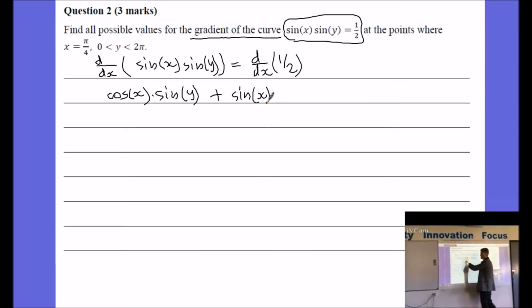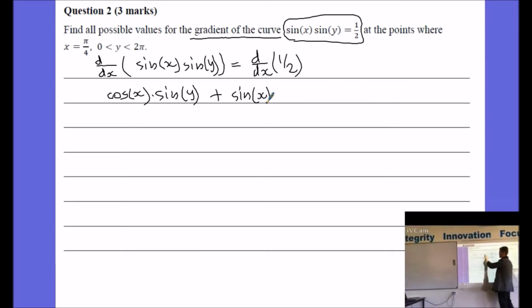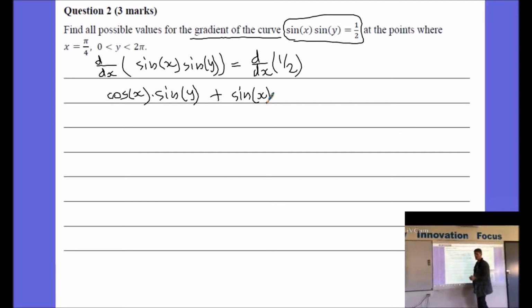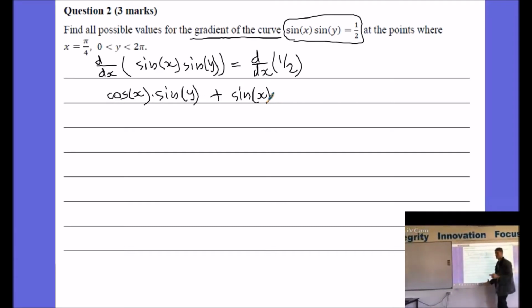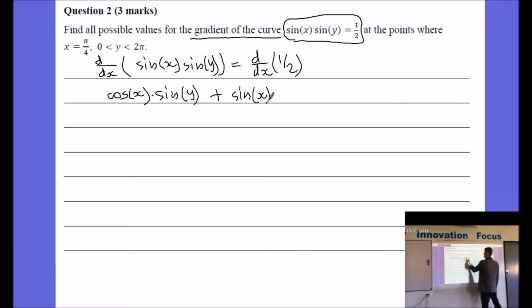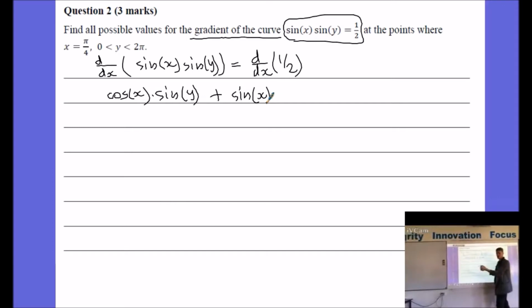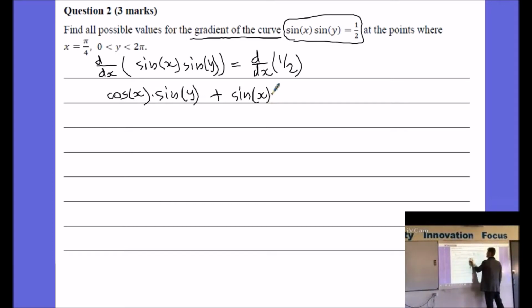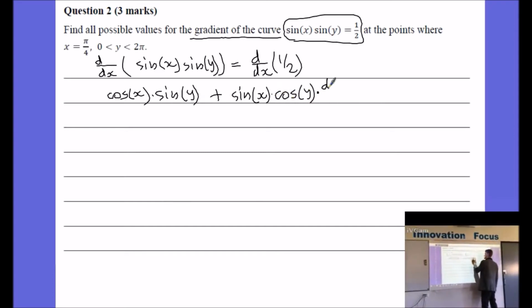Now, I have to keep in mind I'm differentiating a function of y with respect to x. The process is I must first find the derivative with respect to y, then find dy dx. So this goes to cos of y multiplied by the derivative, dy dx.